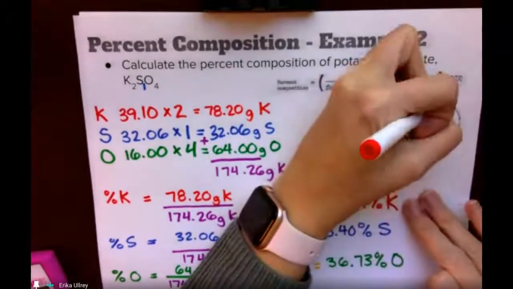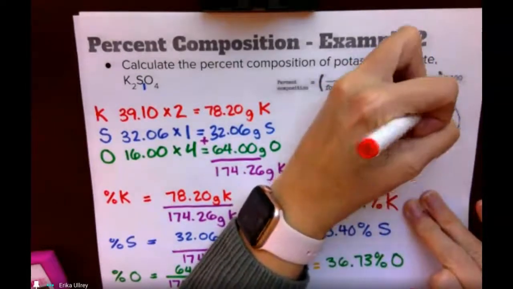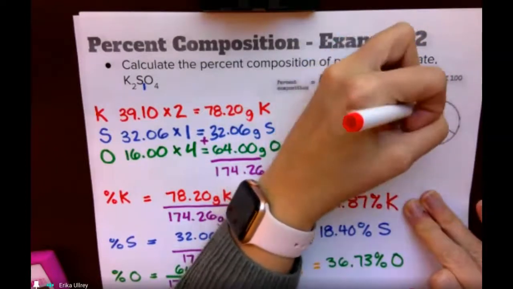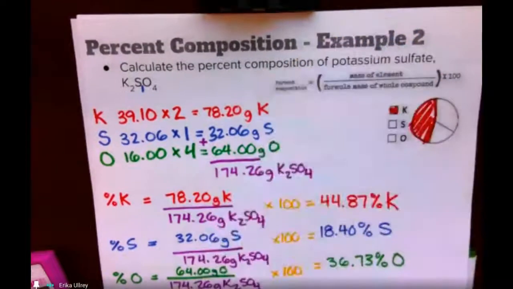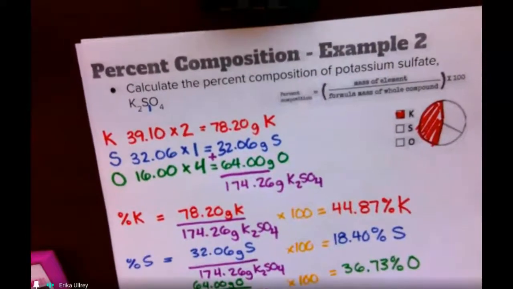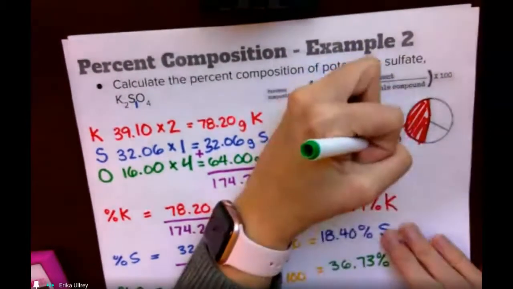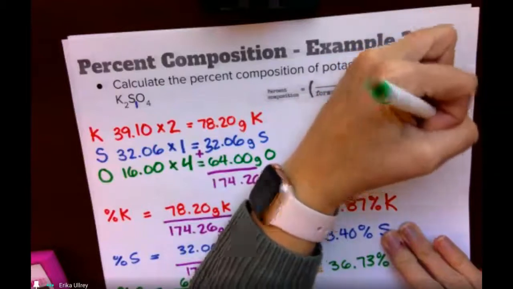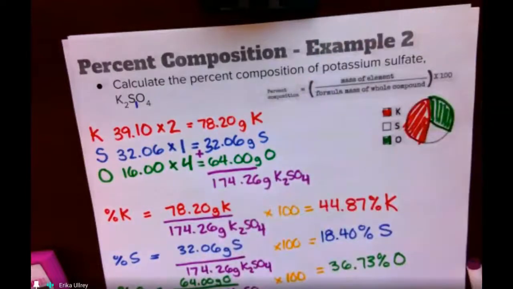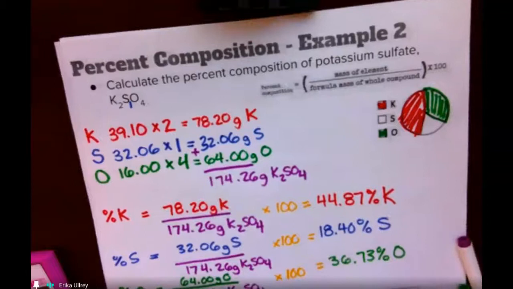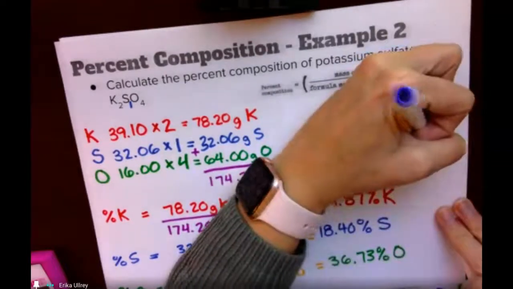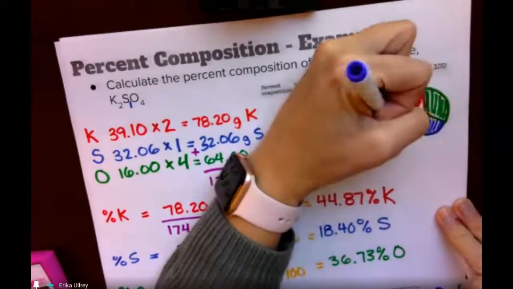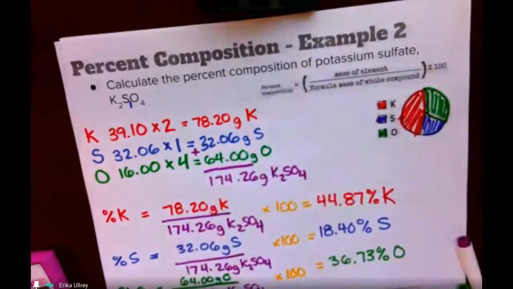So potassium is our biggest pie piece. Our second largest pie piece is our oxygen. And then our smallest pie piece belongs to our sulfur. That would be our pie.